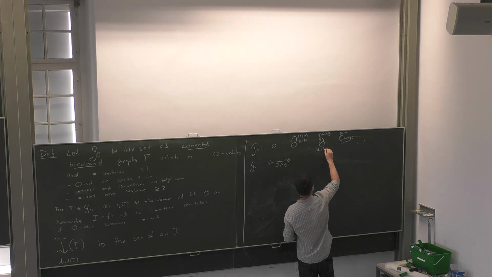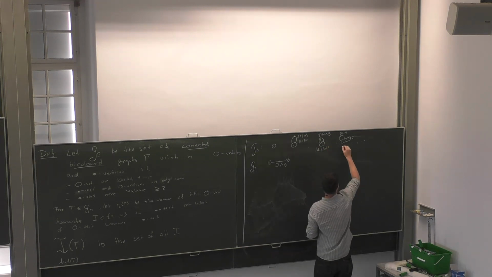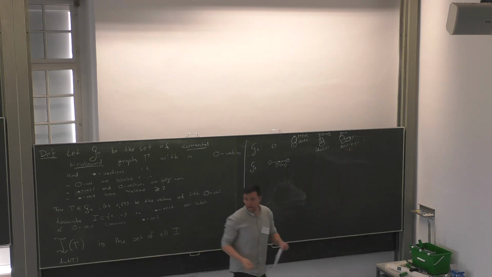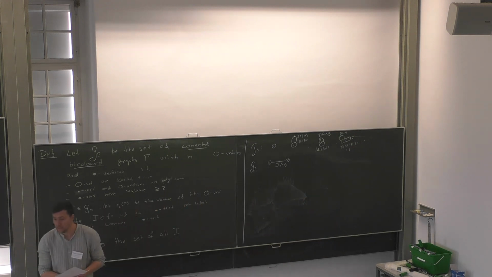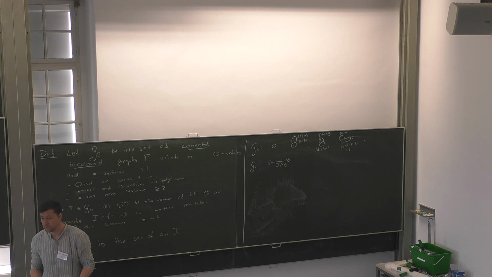Here it is 3 factorial. Here it is 2 factorial times 2 factorial times 2, which is 8. It's a multiset, like the power set. We heard it yesterday also. Remember the labeling.